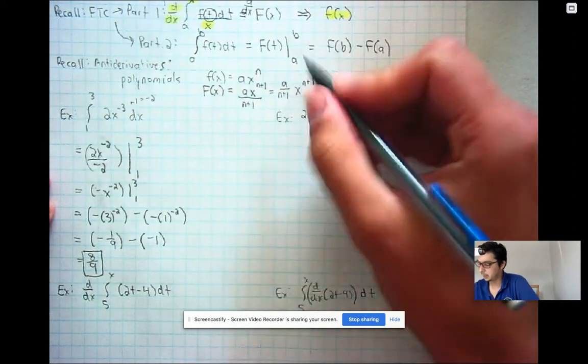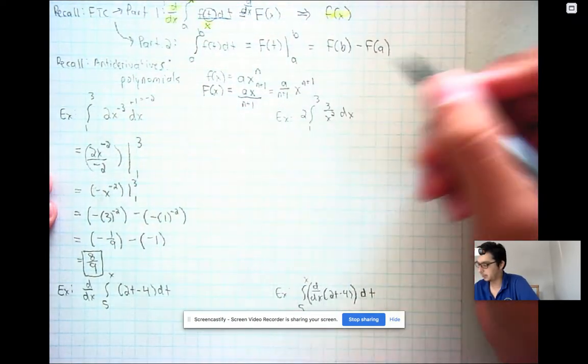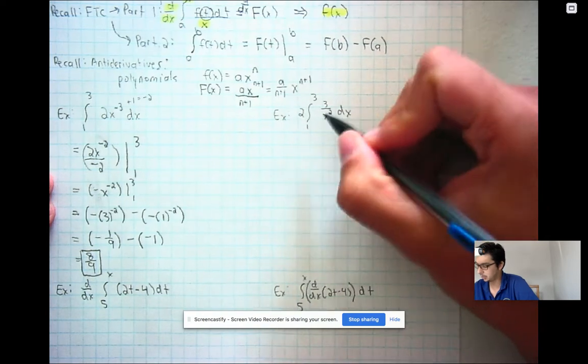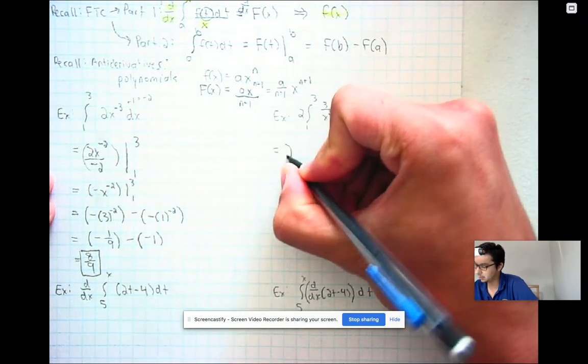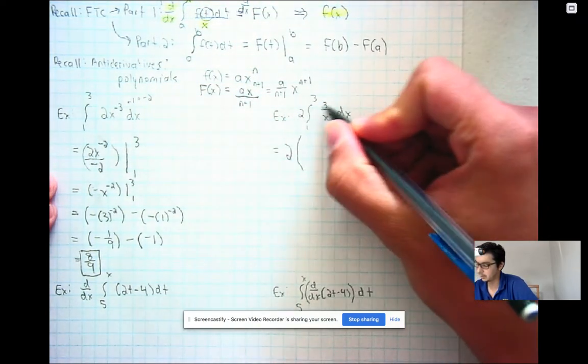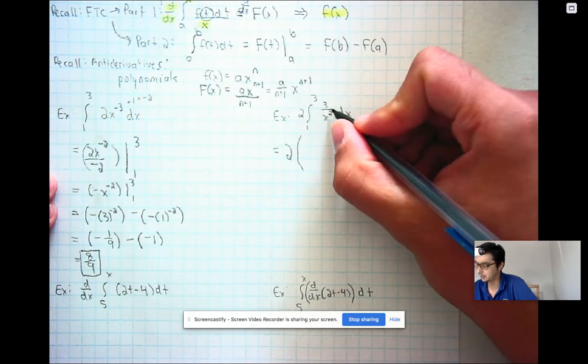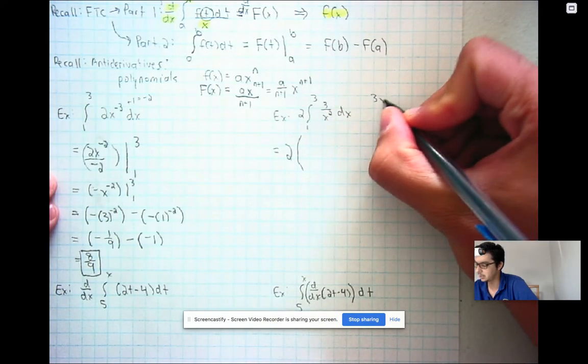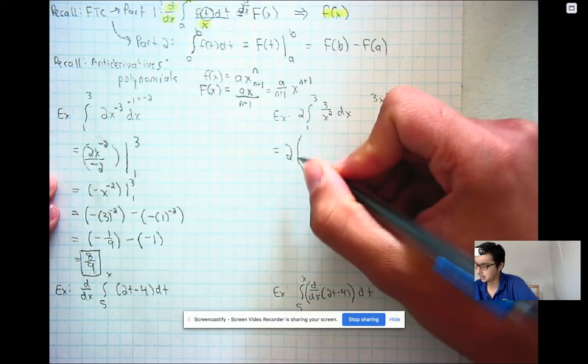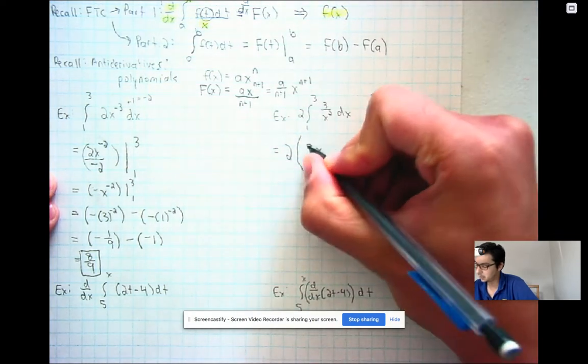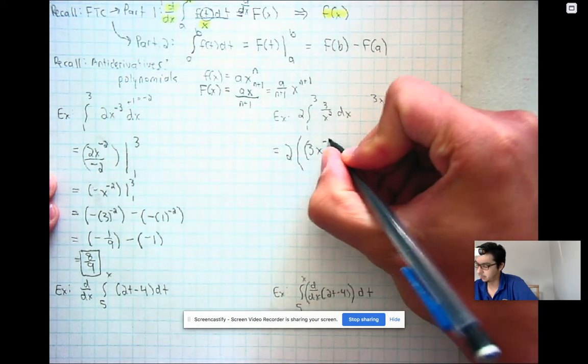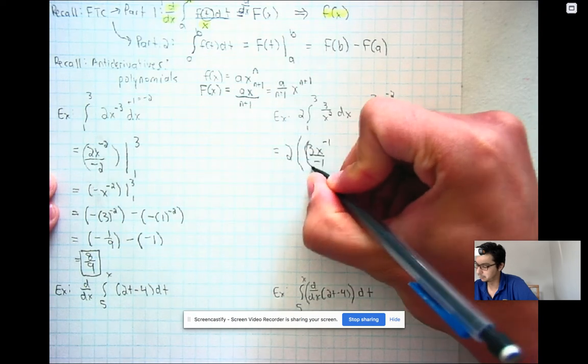Example 2. Now we have a stretch in front of it, a multiplier or a constant, so 2 times all this. When I write this, it's 2 times, and then we're going to evaluate this. The antiderivative here, if I rewrite this as 3x to the negative 2, is going to be 3x, add 1, so that's negative 1 over negative 1.